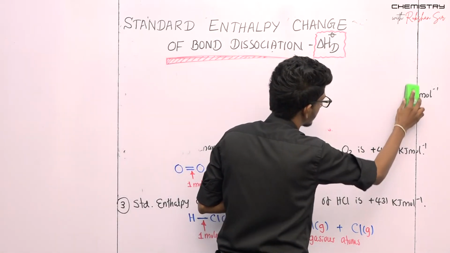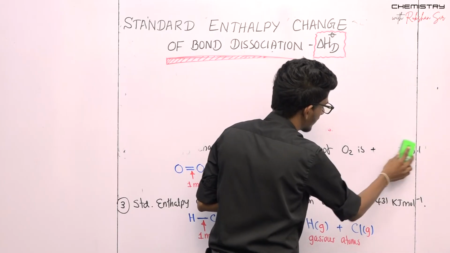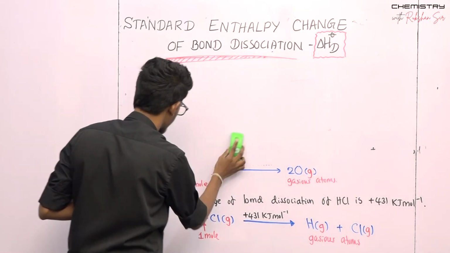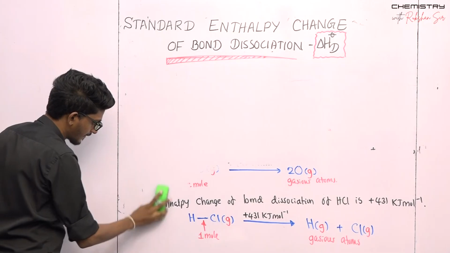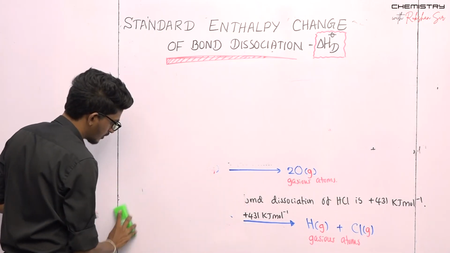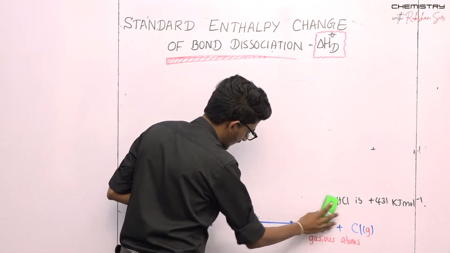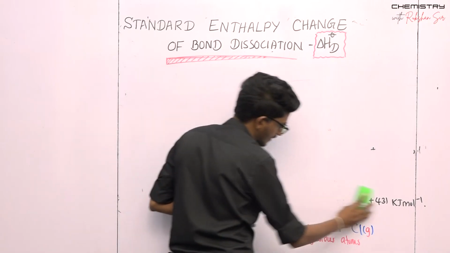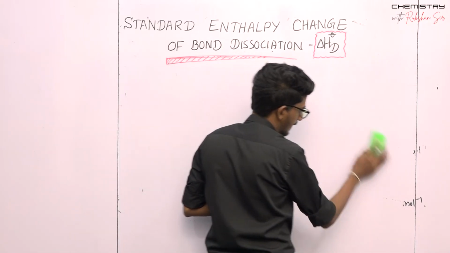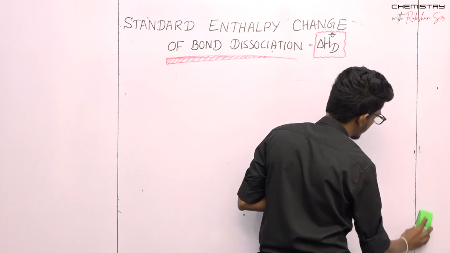The example given in your note is about CH4. With that, let's try to understand the total concept of mean or average bond dissociation enthalpy.